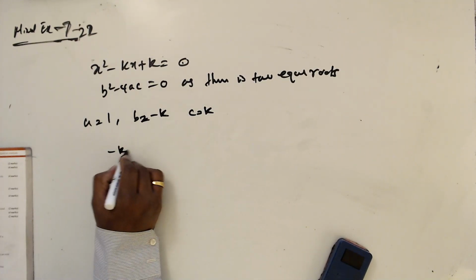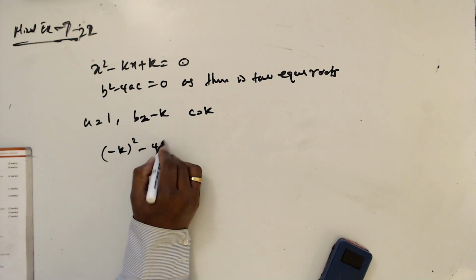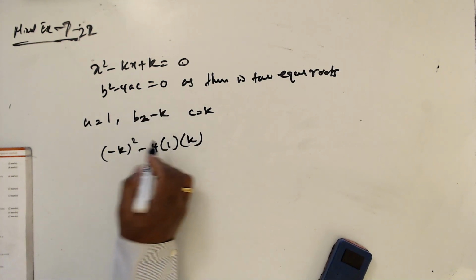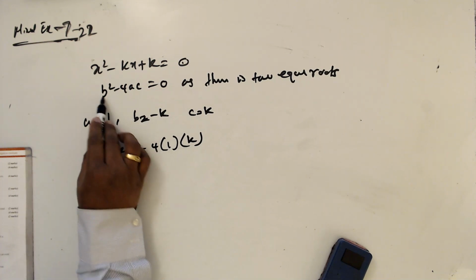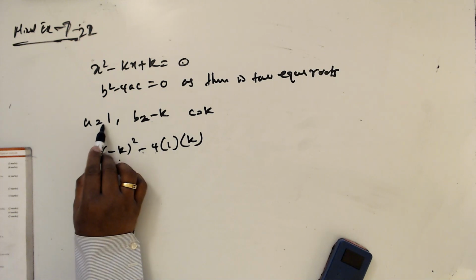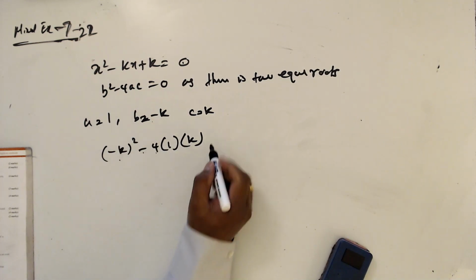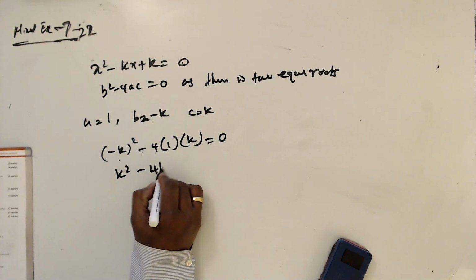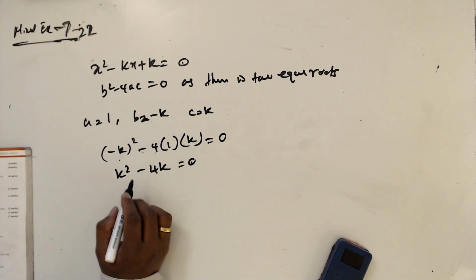So b squared minus 4ac: minus k squared minus 4 times a is 1, c is k, equals 0. So k squared minus 4k equals 0.